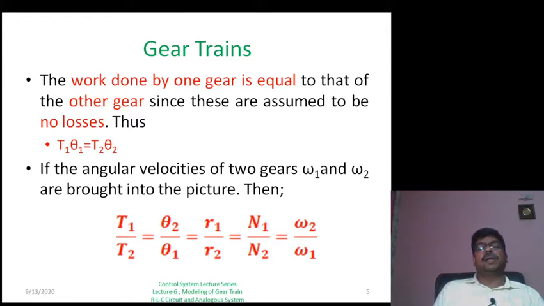So theta 1 upon theta 2 can be represented as T2 upon T1, and T2 upon T1 can also be represented like R1 upon R2, and also equal to N1 by N2, and finally omega 2 by omega 1. So these relationships will be helpful during the mathematical equation development.